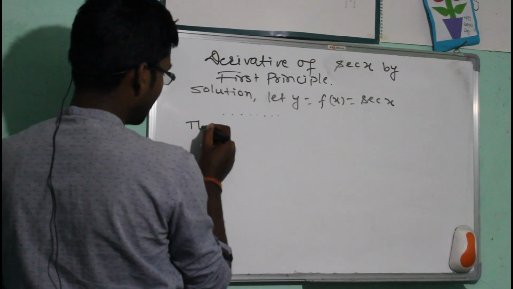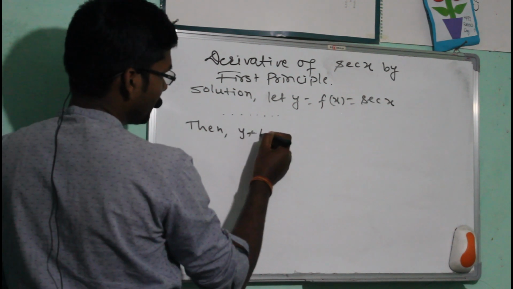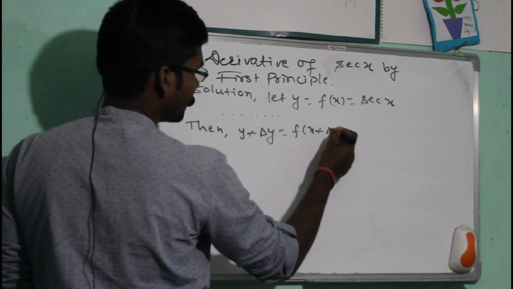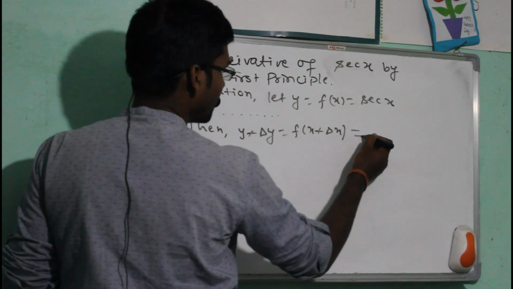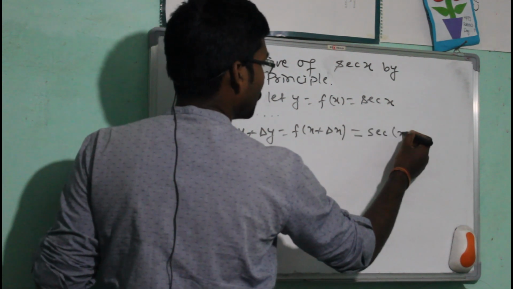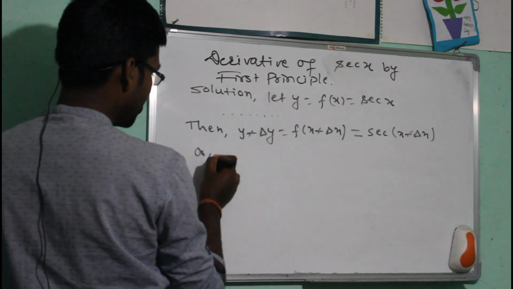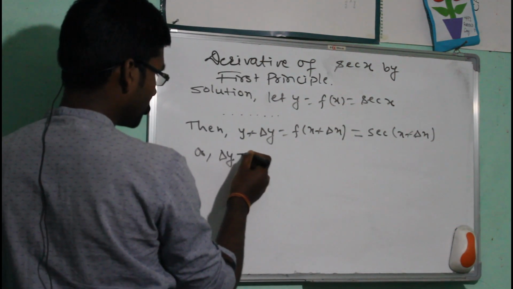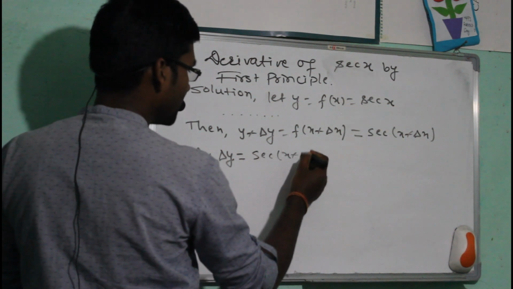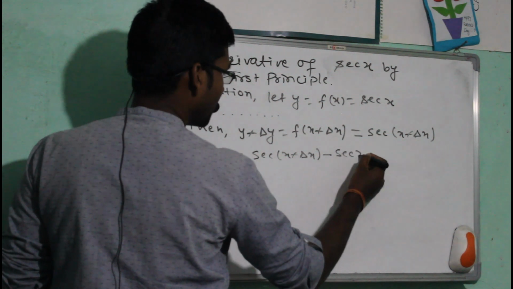So then after that it will be y plus delta y equals f of x plus delta x. We can write here f of x plus delta x means sec of x plus delta x. Delta y equals sec(x plus delta x) minus sec x.